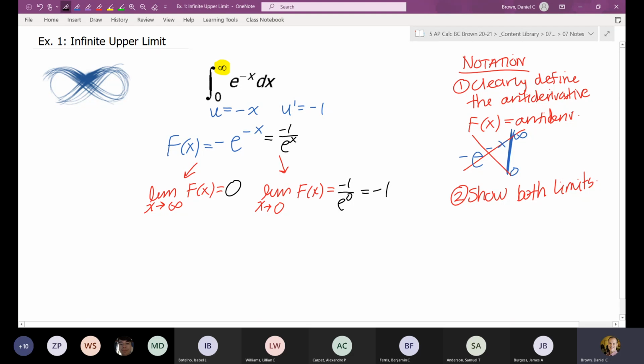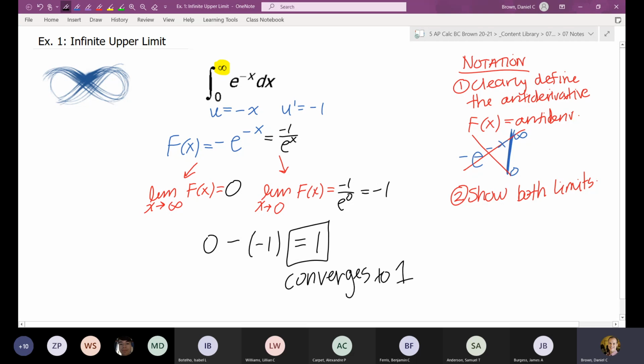It's not the first fundamental theorem of calculus, but we can still follow the idea behind it. We're still going to do the top minus the bottom. The top limit gave us a 0 minus the bottom number, which gave us a -1. So this integral is equal to -1. A way of saying this is that it converges to +1.